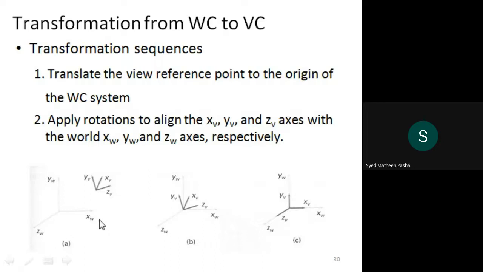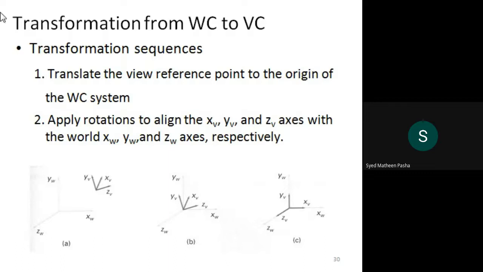Suppose these are the reference points x, y, z with respect to the world coordinates, which are being replaced with respect to the viewing coordinates. But check out the second points: because you are applying rotations, you should align the viewing axes with respect to the world axes.